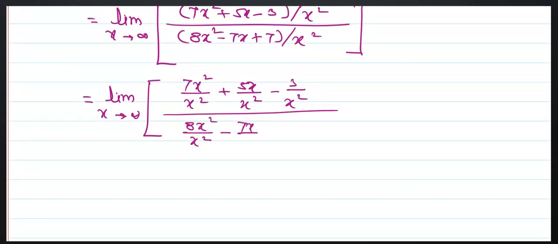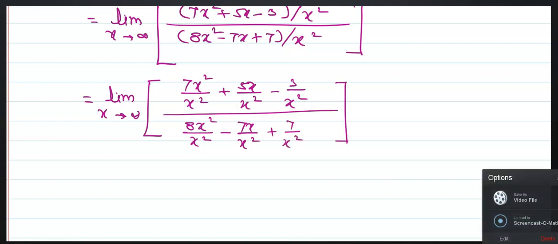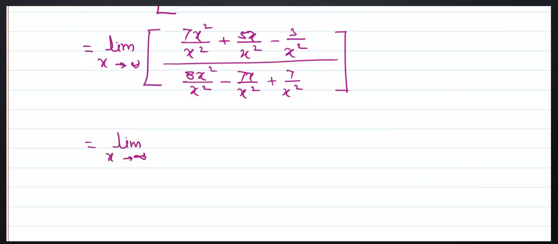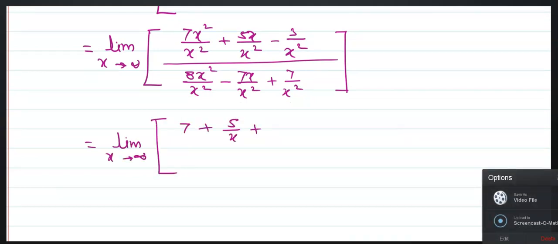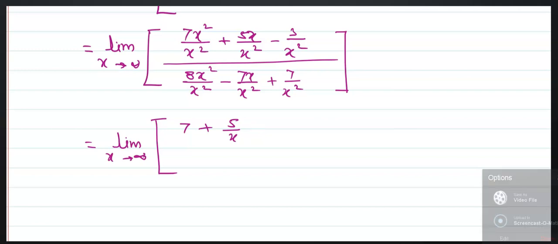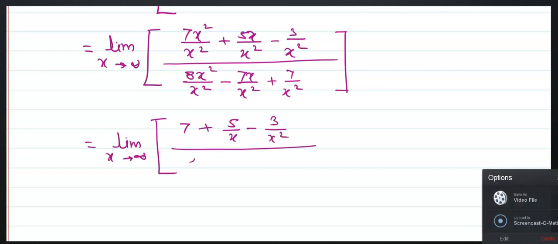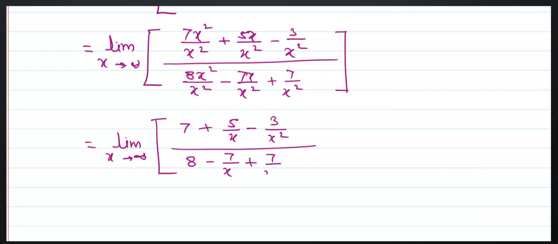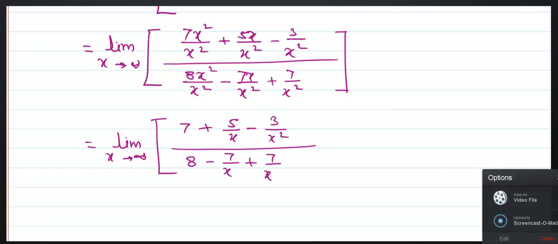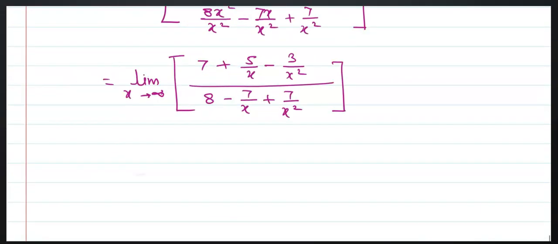Now these x square get cancelled. The limit as x tends to infinity of 7 plus 5 upon x minus 3 upon x square, over 8 minus 7 upon x plus 7 upon x square.